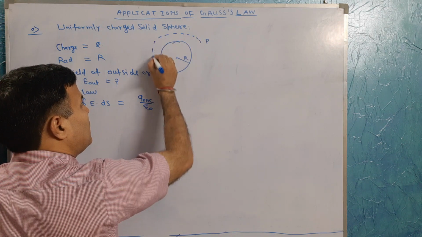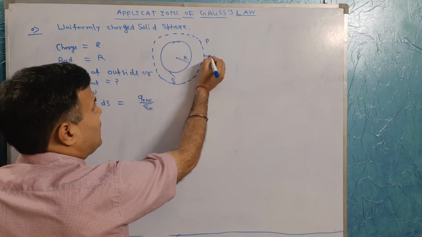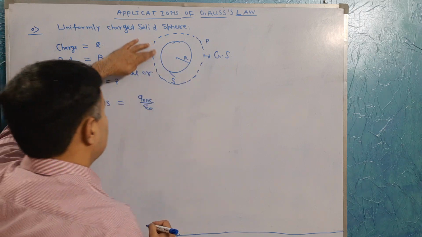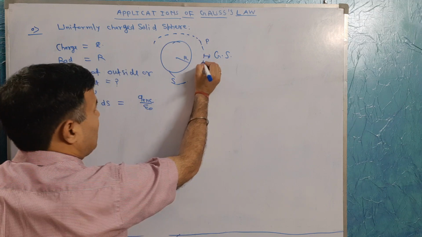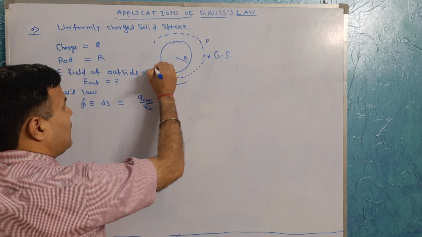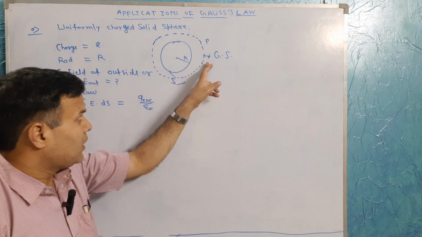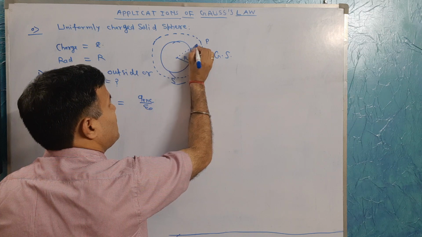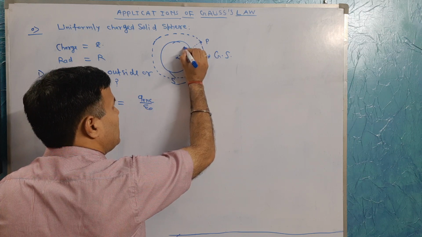Let me draw it. So this is the Gaussian sphere, and the distance from this point P to the center of the sphere is r.